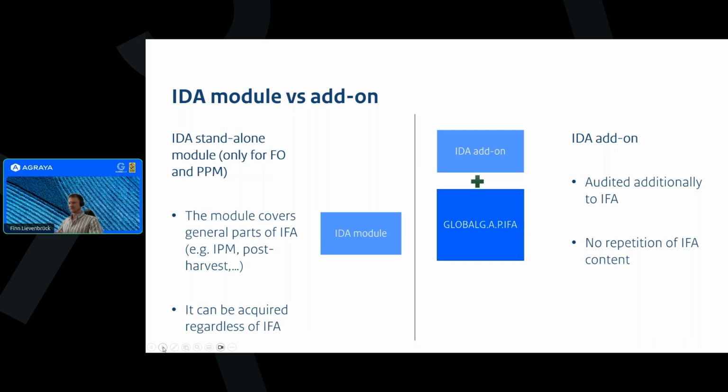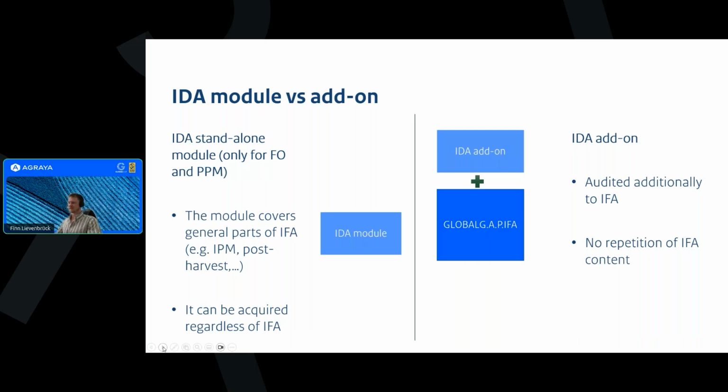This standalone module covers some general parts of IFA, for example integrated pest management and post-harvest treatments. These were fundamental compliance criteria that we felt should also be included in a primary assurance, and that's why this standalone module can be acquired regardless of IFA certification.